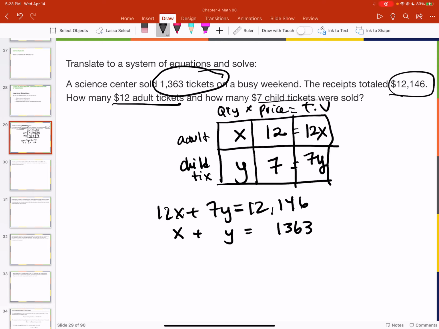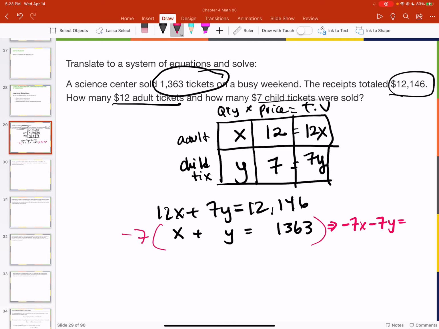So we also know that X plus Y is equal to 1,363. Now, we could solve this using elimination. So let's go ahead and multiply everything by negative 7. That gives us negative 7x minus 7y equals, and then 1363 times 7.